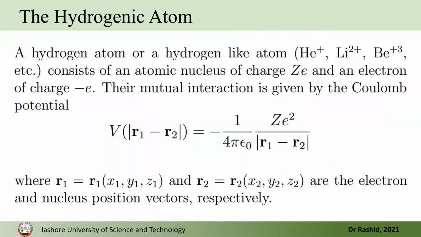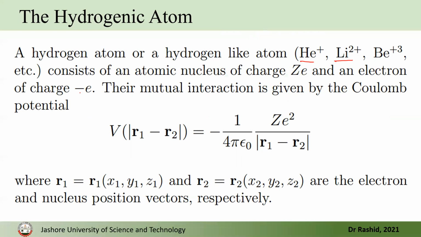Now for the hydrogen atom or any hydrogen-like atom like helium plus or lithium 2 plus, they all have one electron and a nucleus at the center. And the interaction between the electron and the nucleus is Coulombic.